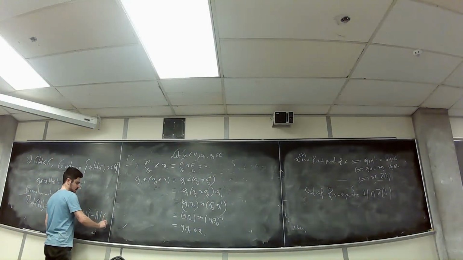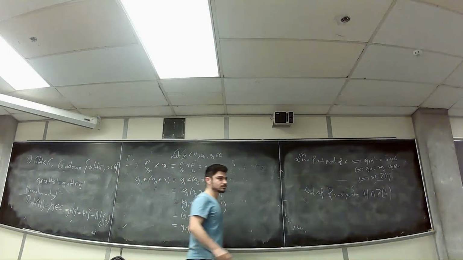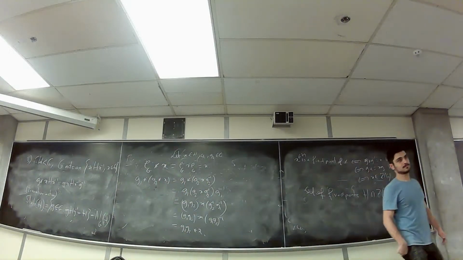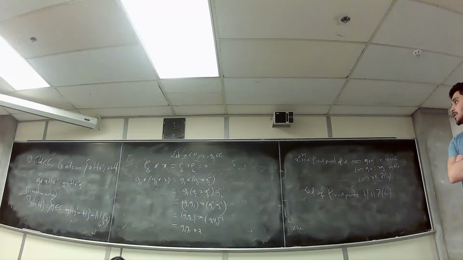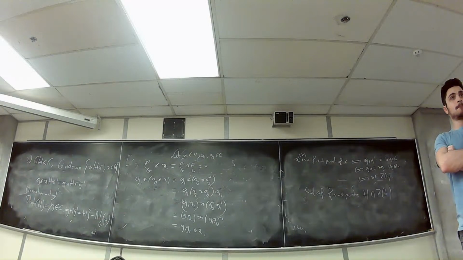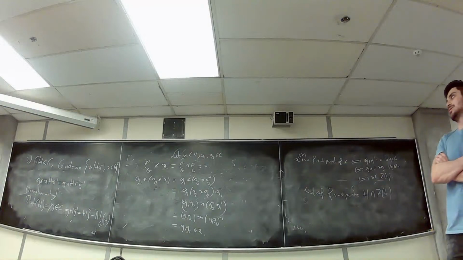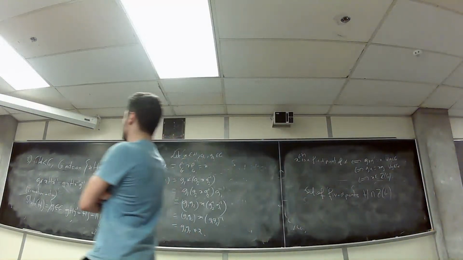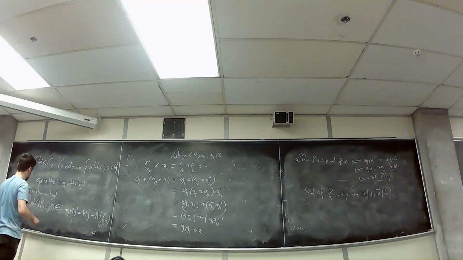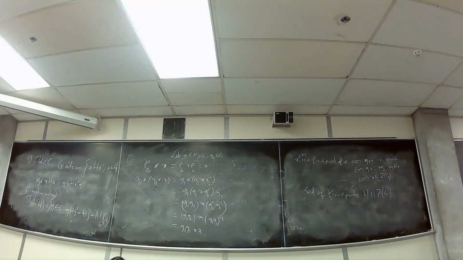Normalizer of H. Remember that? So if I ask you to show me the normalizer of H, well, you know. This is the normalizer of H. Are we good here? This is the stabilizer of H.